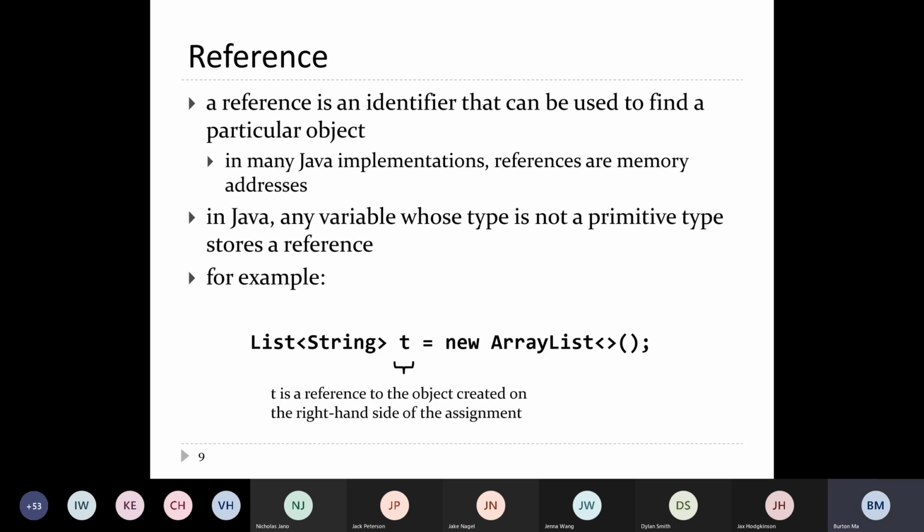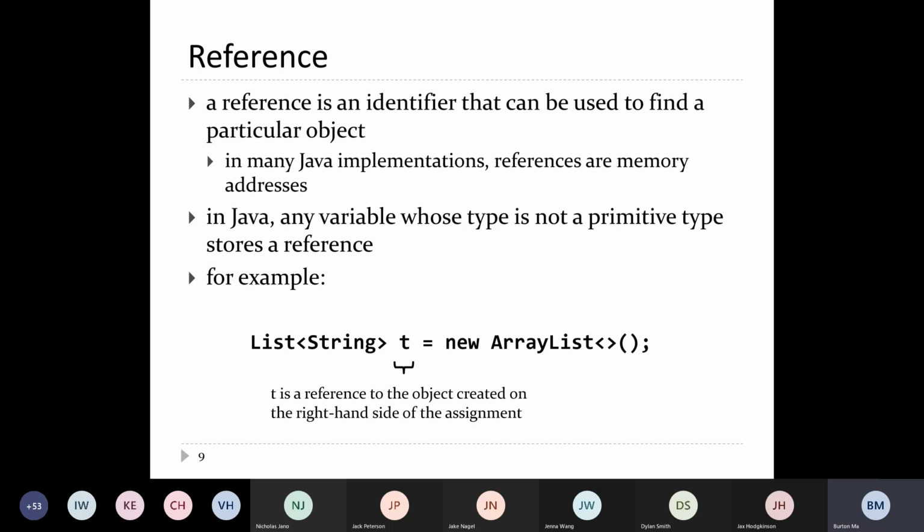Now, in Java, there's no way for a programmer to use an object directly. Variables don't store objects, and there's no way for you to get to an object directly. Instead, you get to an object using a reference. A reference is just an identifier that can be used to find a particular object. A reference uniquely points to some object.